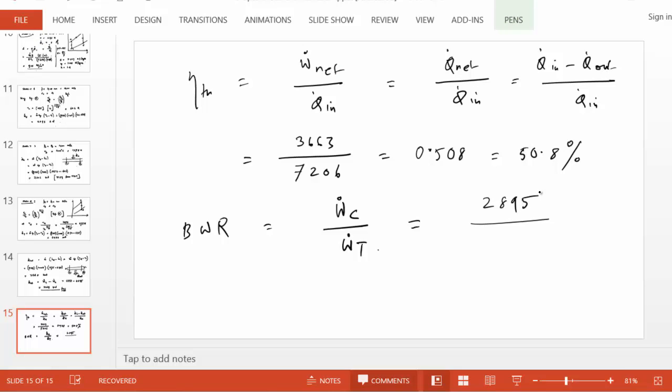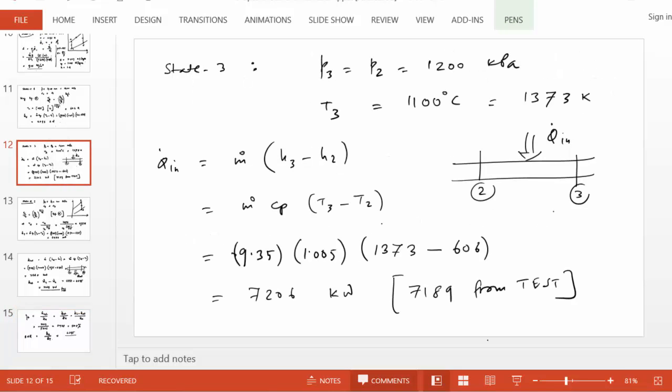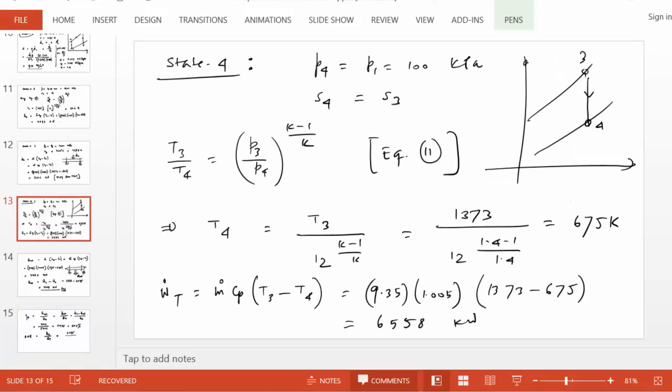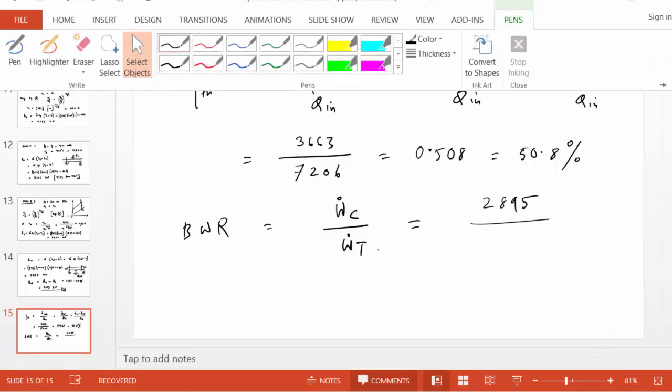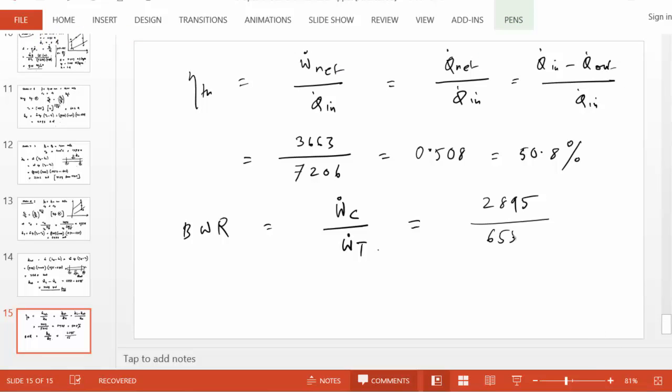And what is the turbine work? 6558. So that's 0.44 or 44%.